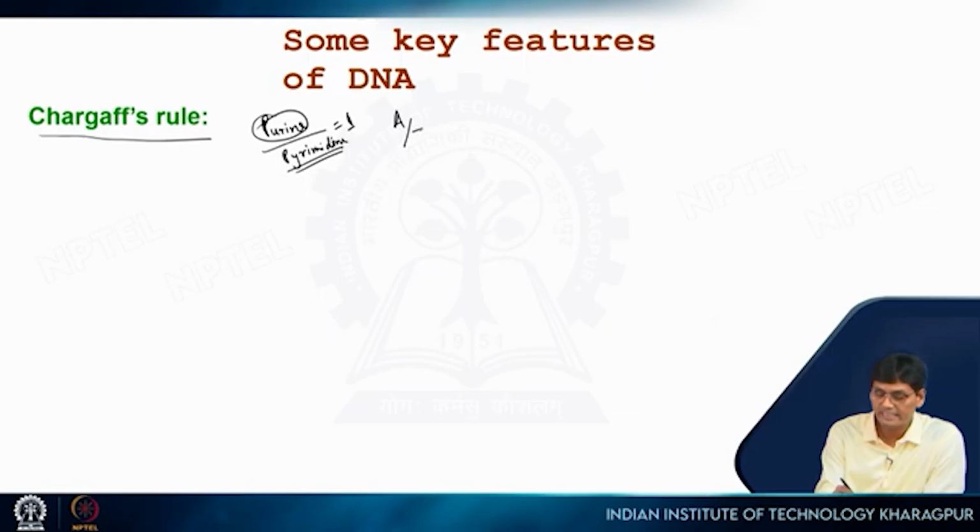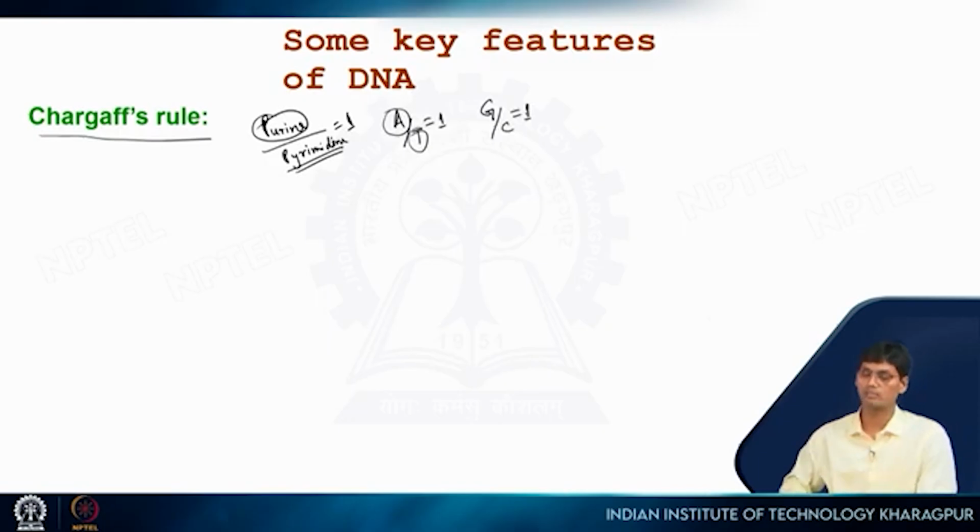by T ratio equals 1. A is a purine here and T is a pyrimidine. Similarly, G by C equals 1, where G is guanine and C is cytosine.